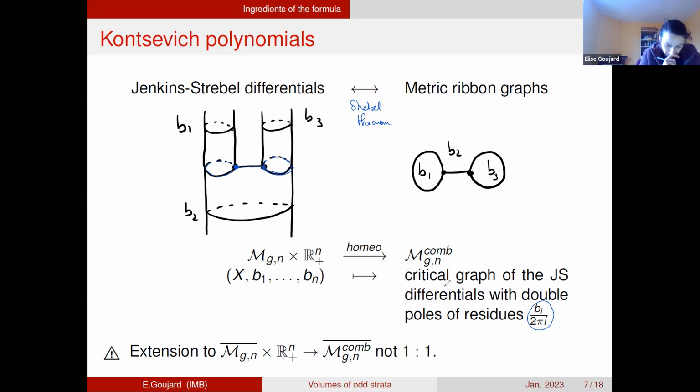Okay. So I hope that it's clear what I call the length of the face. Once I put a metric on the graph, the length of the face is just the sum of the lengths of the edges. So B2 here is just L1 plus 2L2 plus L2, etc.